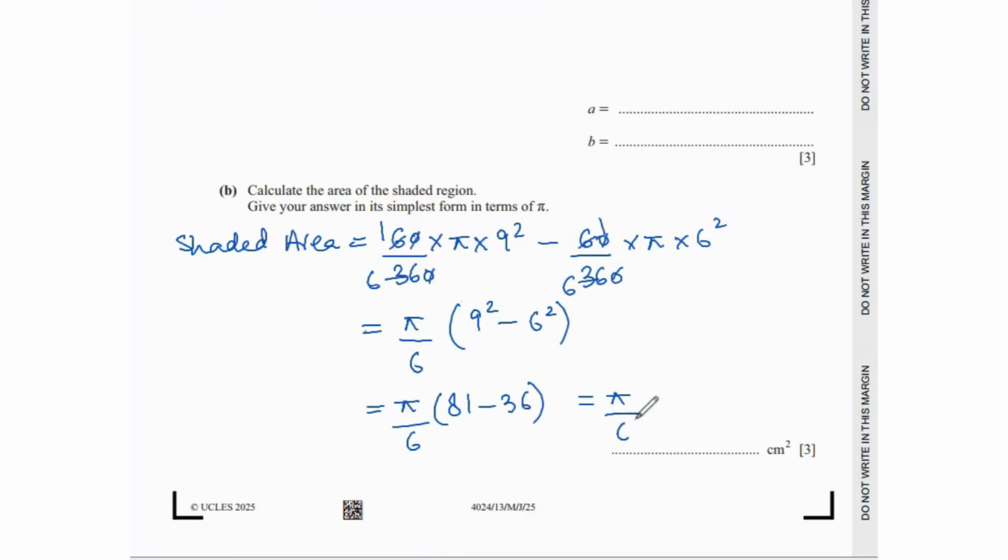So pi over 6 times 45. 45 and 6 can be simplified. This is 2, this is 15. So 15 pi over 2 is your area of the shaded region in its simplest form. You can even write it as a decimal, which would be 7.5 pi. Either way, it's going to be correct.